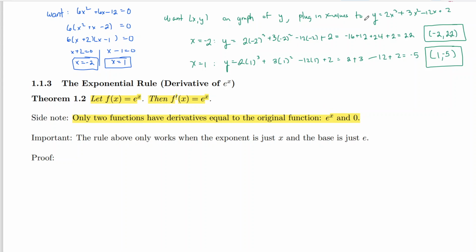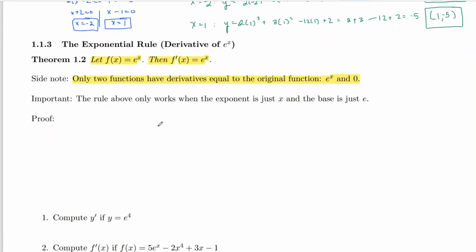Now, what I want to do for this is go ahead and show you that this formula, just like all the other formulas, which are far more complicated, comes from the limit definition of the derivative.